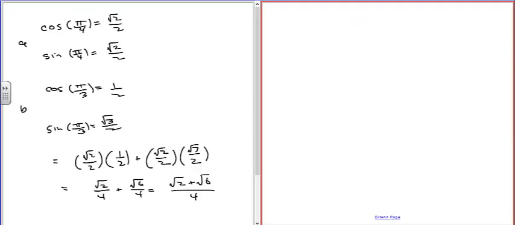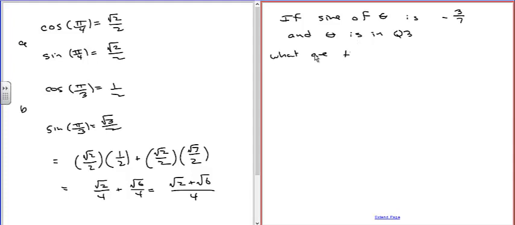And then your final problem, it says if the sine of some angle theta is negative 3/7 and theta is in Q3, what are the sine and cosine of 2 theta?